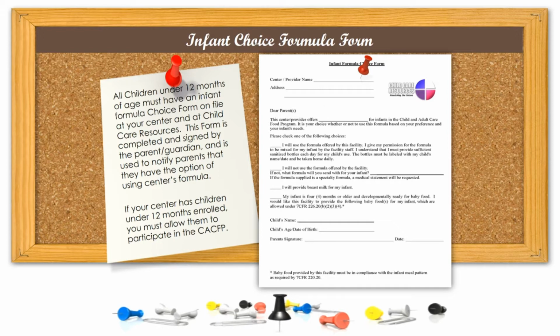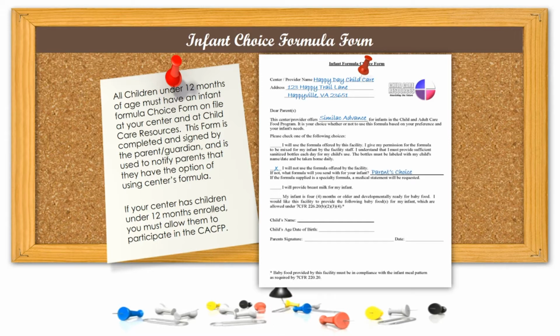At the top, the center will provide their name and address. The first paragraph states the type of formula that the center provides. Parents have 4 options. The first option is that they will use the center's formula. The second is that they will use their own formula, and they must write the type of formula that they will provide.